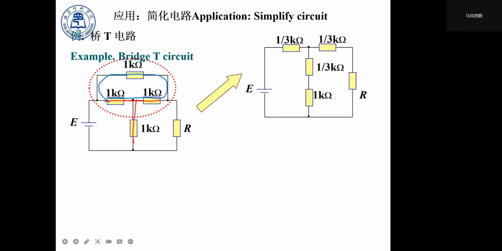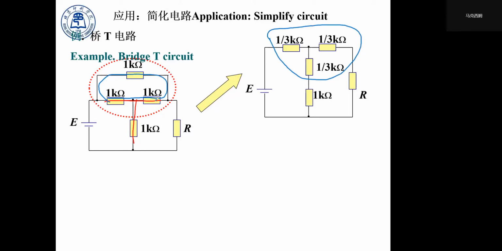So we could transform this using the delta-shape to T-shape transformation. So we transform this 1 kilo ohm, this 1 kilo ohm resistor and change it into this one.